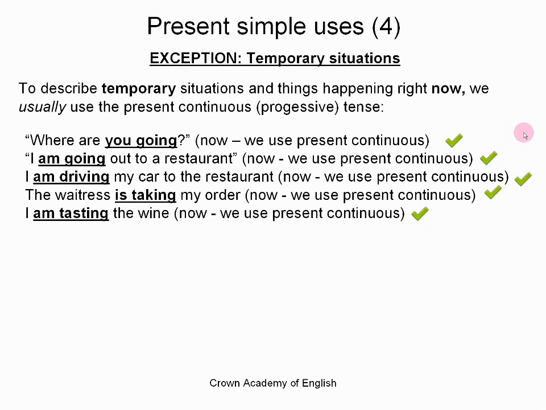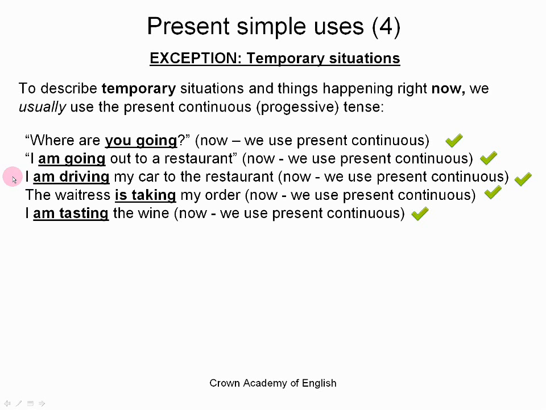So we want to know, where are they going now? So that is why we use the present continuous. And they would answer, well, now I'm going out to a restaurant. So as you can see, this isn't the present simple. This is present continuous.